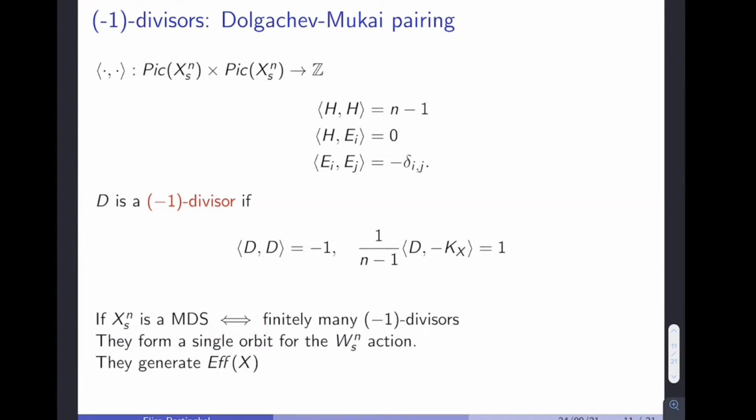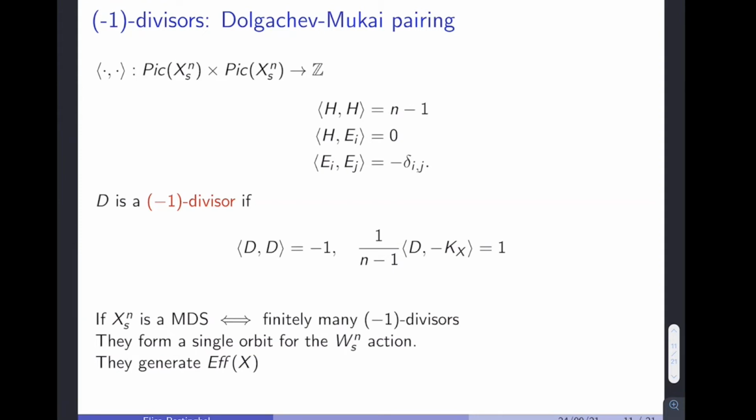They form a single orbit for the Weyl action. So again, the action is transitive and there's one single finite orbit, and they generate the effective cone of X as a semi-group. So it really is a generalization of -1 curves.